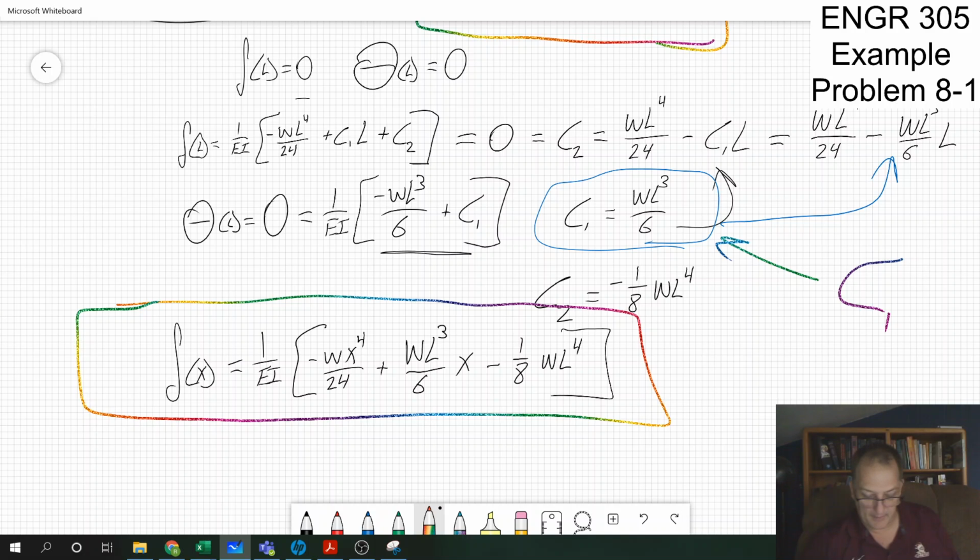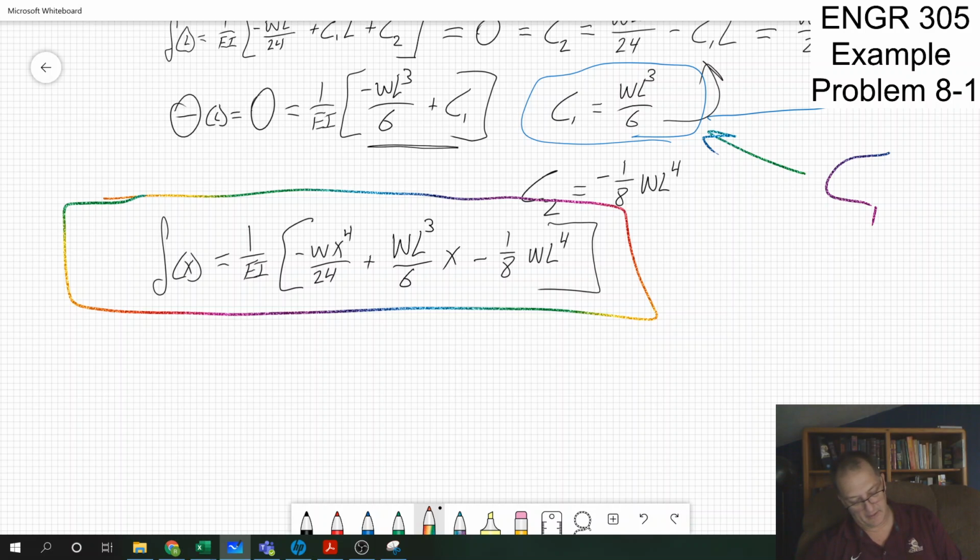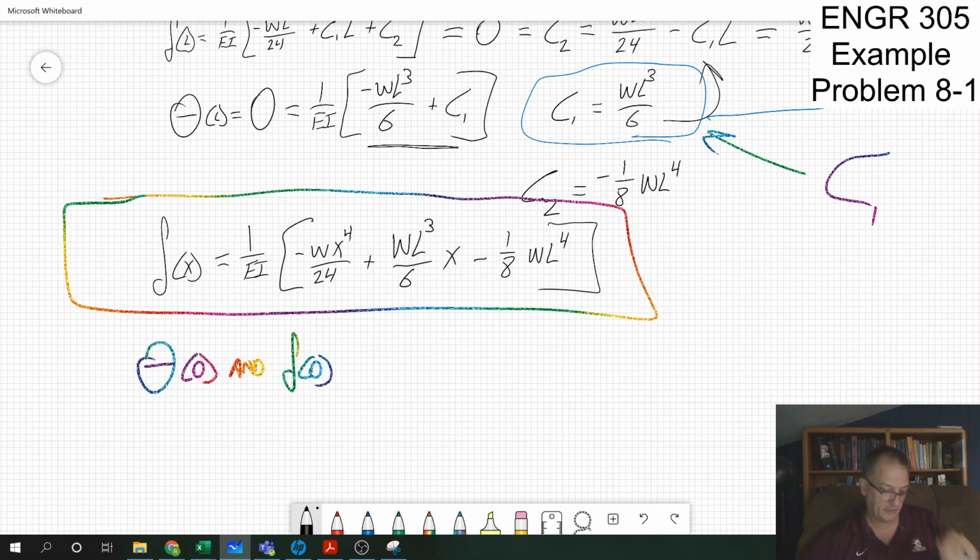Actually, I changed my mind, because the two things that we're supposed to do yet are theta at 0 and delta at 0, and I want to take a second to do those first.